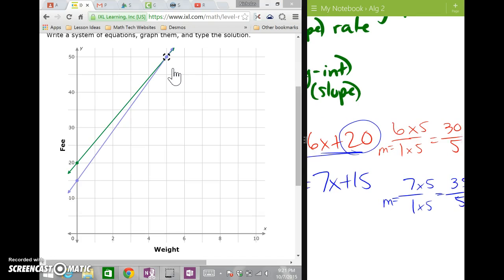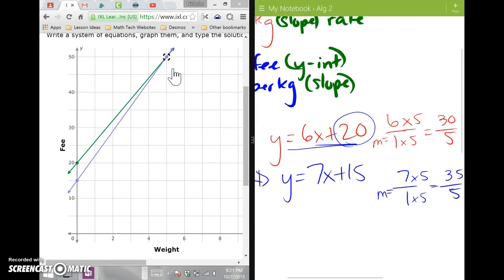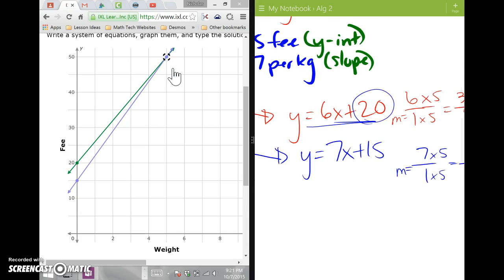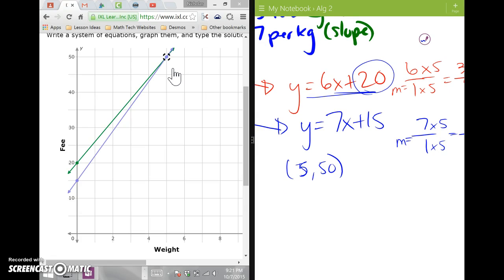And like I said before, if you want to double check your work just to make sure you got it right, plug that point back into your equations. Make sure it works. So the point is 5 and 50. So I'm going to plug it back into the first one. Let's get a little red color here.